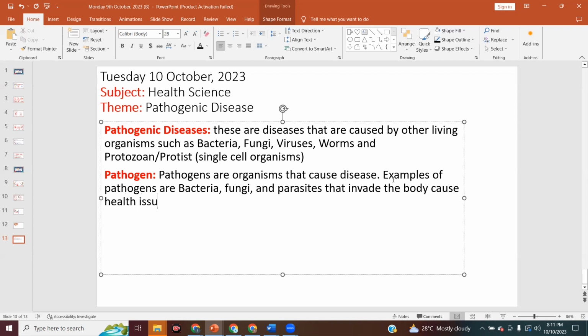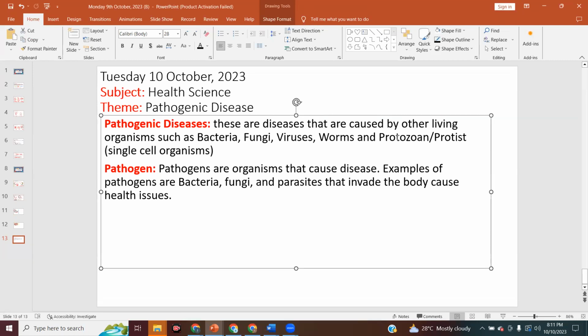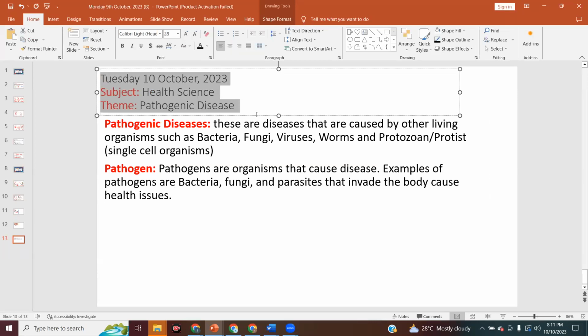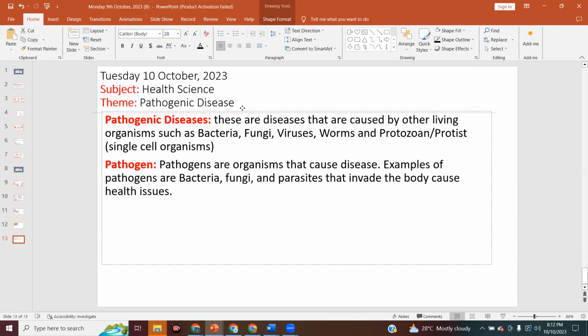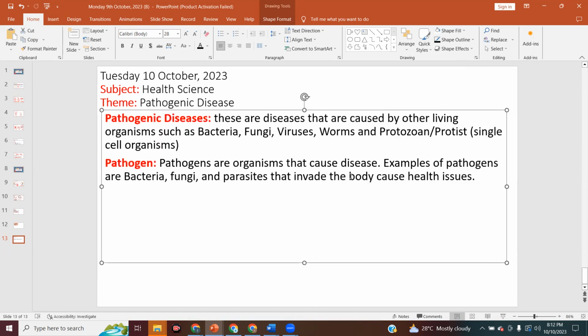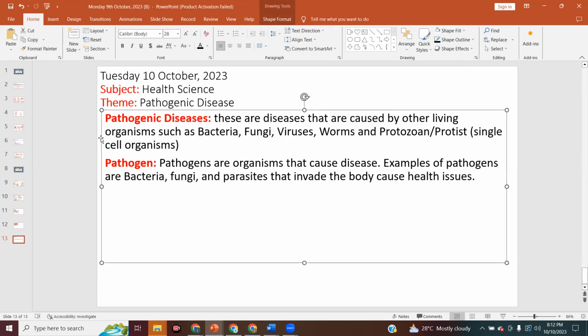So if you have worms in your body, that means you have pathogens inside there, and they can cause disease. Pathogens are not only inside your body, but also on your food. If you eat food that is loaded with pathogens, what do you think will happen? You will become very sick and unwell.